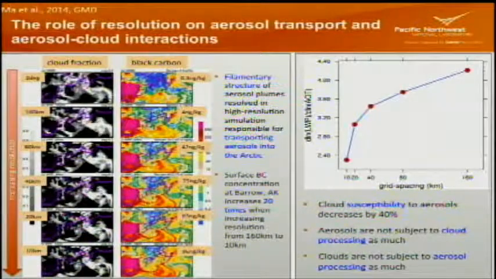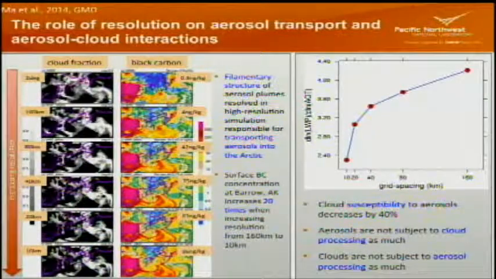Domain average cloud fraction is all about 20%, but with increasing resolution, you can see that this filament of aerosol plume starts to form, and it is able to deliver the aerosols into the Arctic. At this snapshot, the black carbon concentration at Barrow increases from 0.3 nanogram per kilogram to 96 nanogram per kilogram. So it's a very big difference.